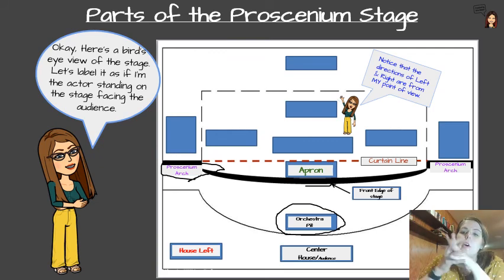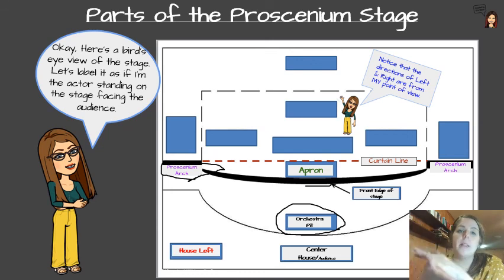As the Bitmoji says, the directions on a stage for an actor are from their left and their right. It is from their point of view. If you flip over to the back of your note sheet, it says the directions of left and right are from the actor's point of view. That is what you need to write there, the actor's point of view.